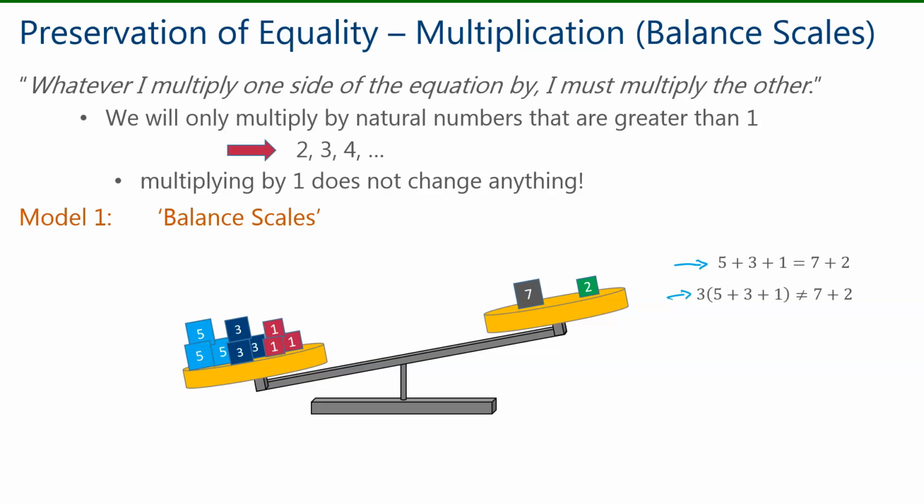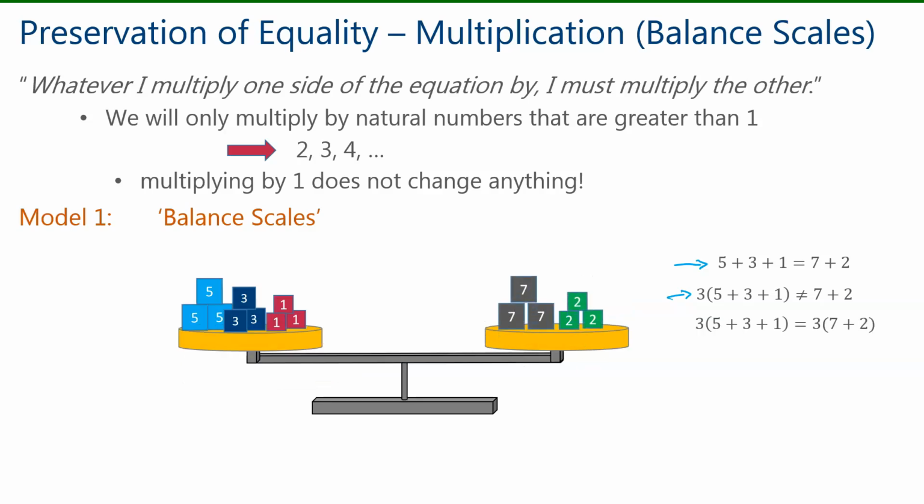In order to maintain balance, what would I need to do? I would need to triple everything on the right-hand side. So 3 masses of 7, 3 masses of 2. We have multiplied both sides by 3, or tripled what we have on both sides to maintain balance.